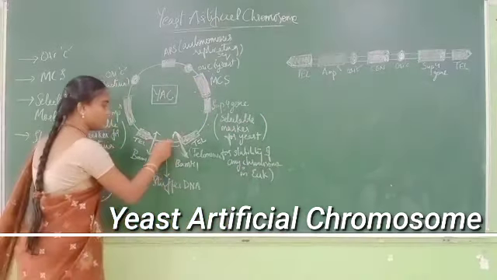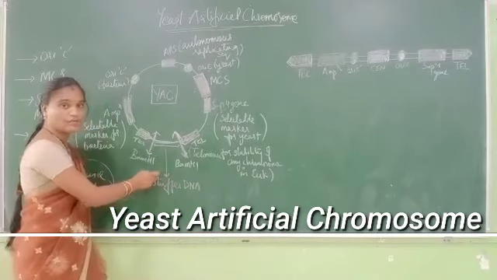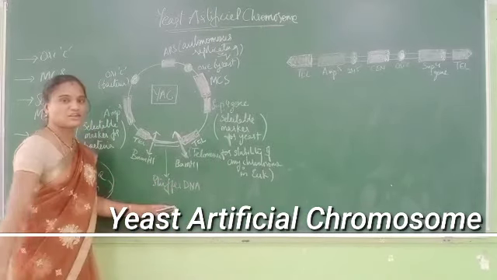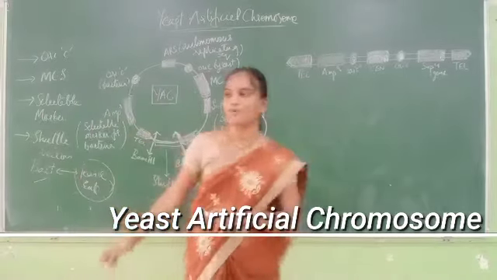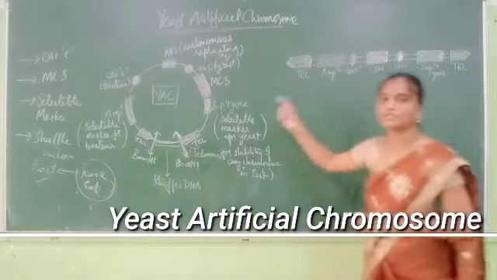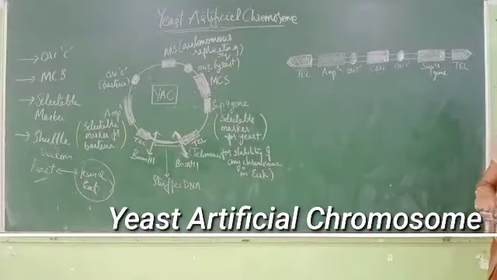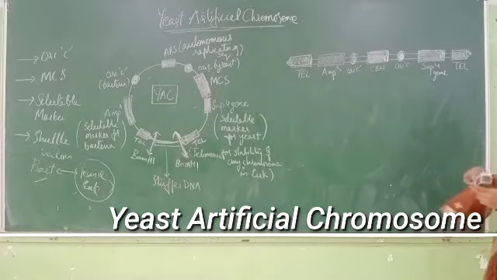So the stuffer DNA is removed. This is not much important. So, removal of stuffer DNA. After addition of BamH1 to this YAC, this is your linear YAC after treating with BamH1.